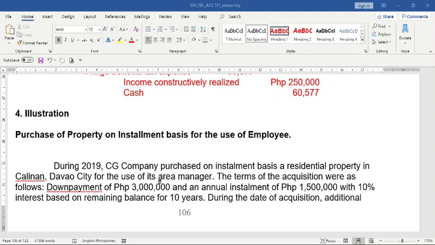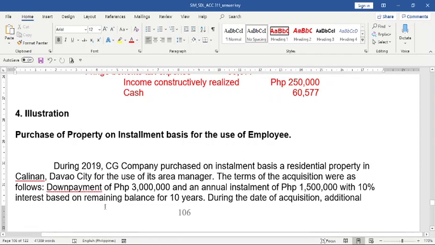But if you already own the property and just assign it for the use of your employee, we look for the market value and zonal value, whichever is higher, multiplied by 2.5%. Let's see if our treatment is the same.